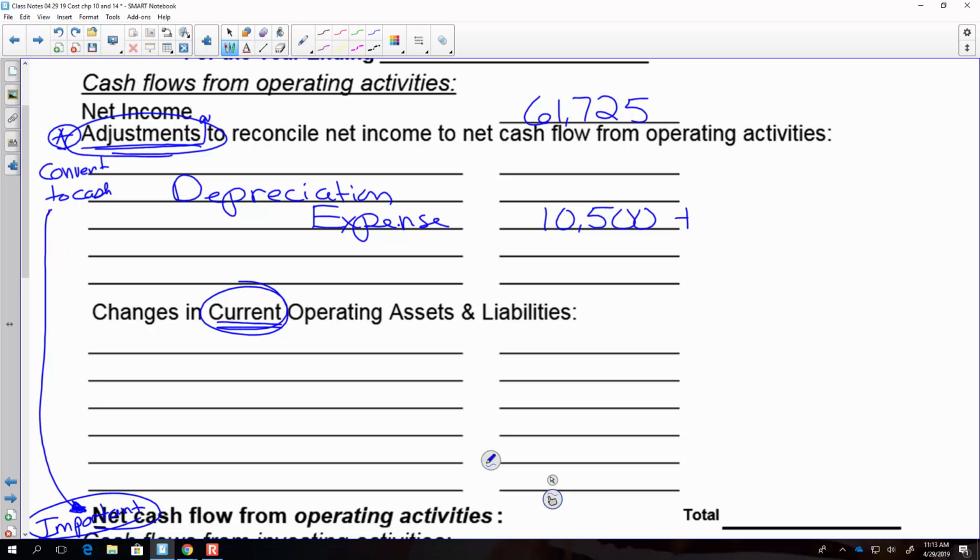Very good. It's a non-cash expense, right? Remember that journal entry is reducing my income. I'm reversing that effect. So I'm starting out with a non-cash 61,725. The goal here is to get it converted to a cash number. That's the only non-cash flow activity here in this particular problem.